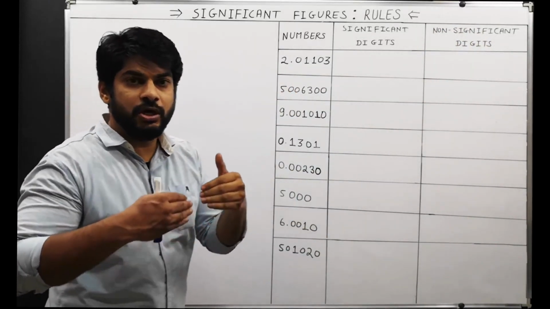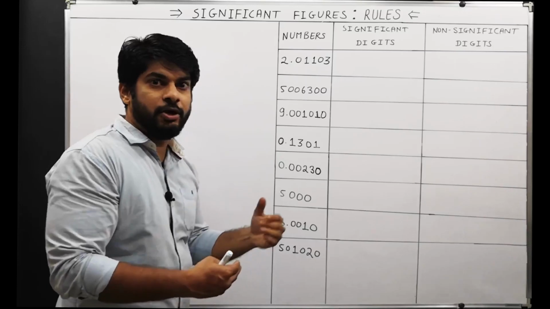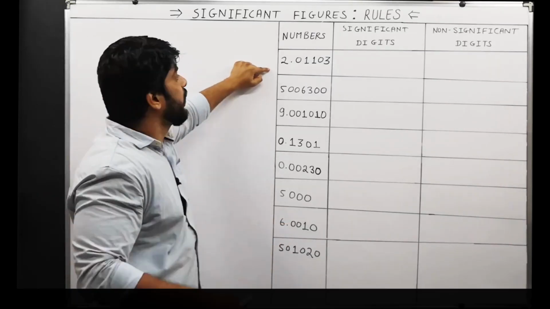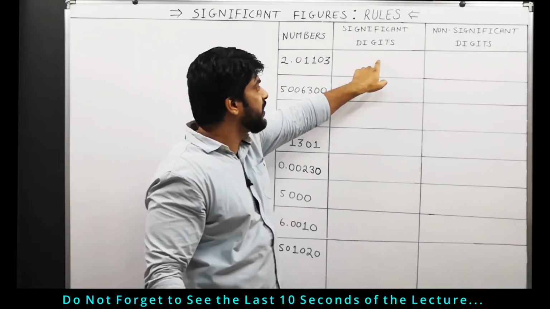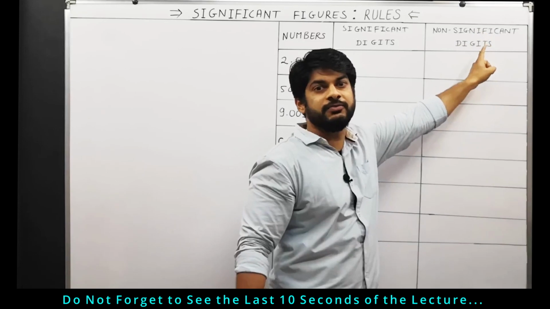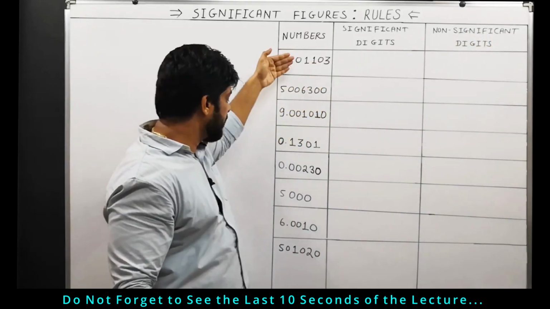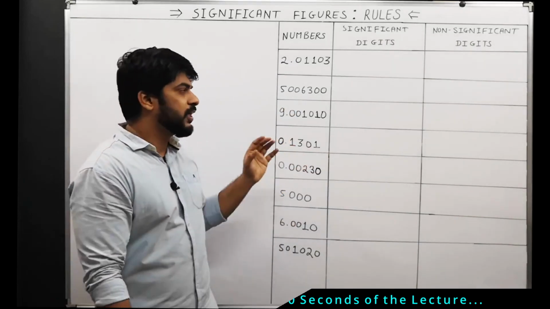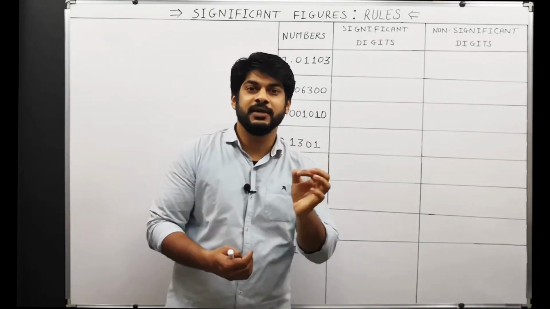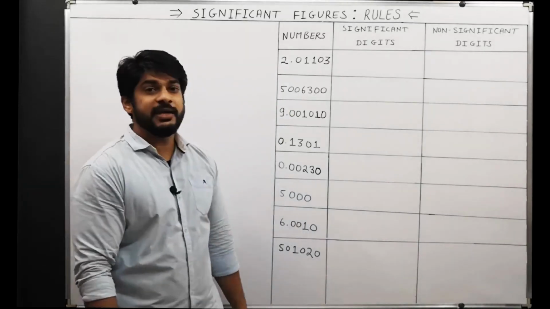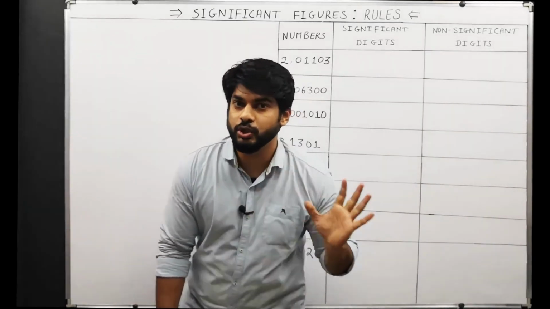We will see the rules, and at the end of each rule, using that rule, we will find out which are the significant digits in the number and which are the non-significant digits. We will do the same for all those numbers, so that we understand the rules very quickly. So let's start and see what those rules are.